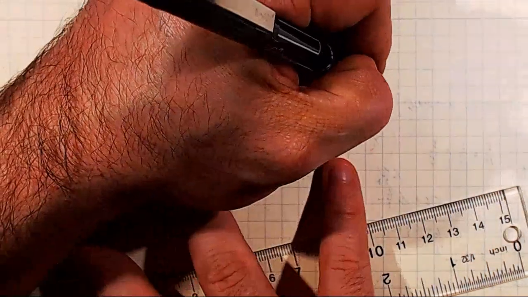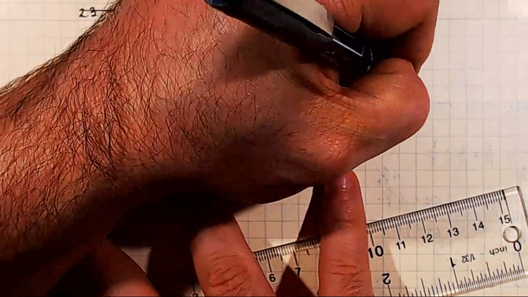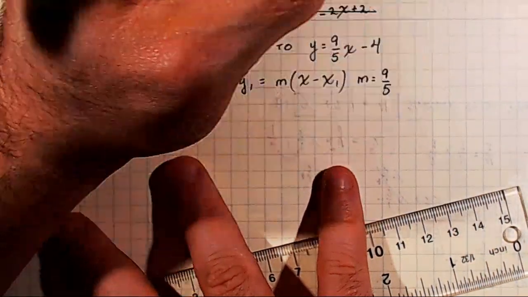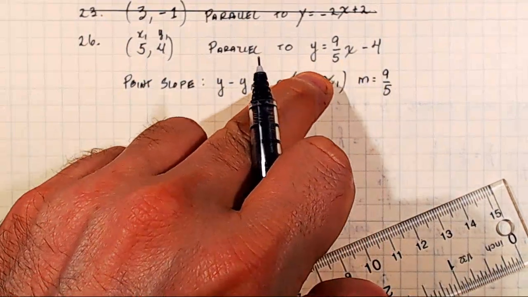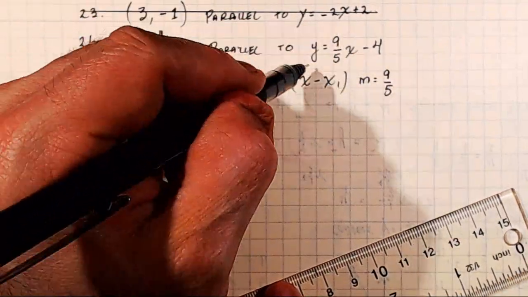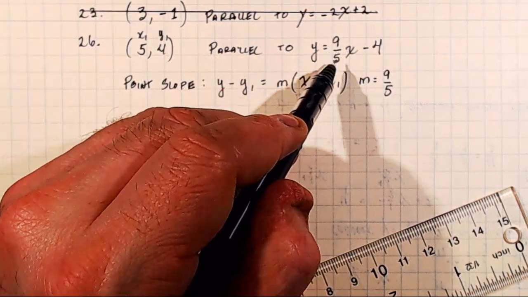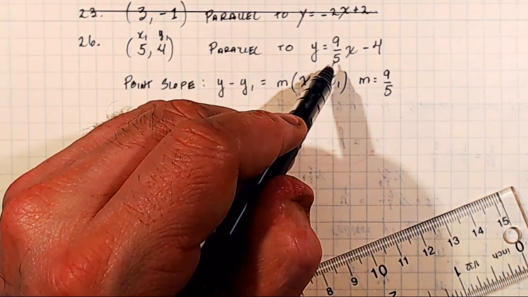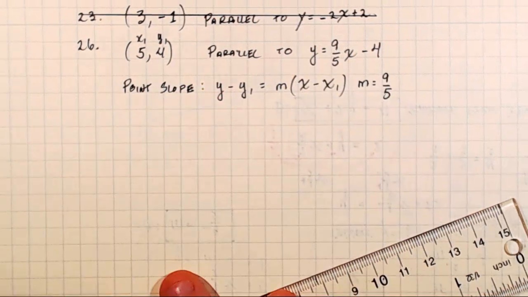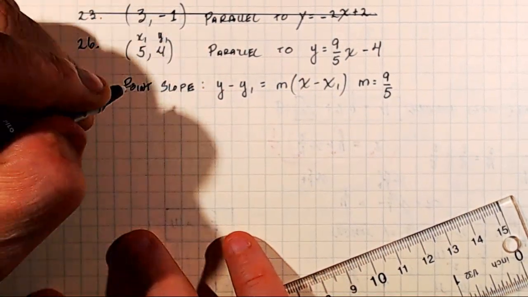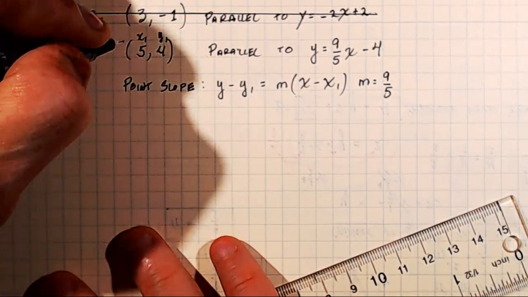Okay, remember we already said m is equal to 9/5. And we got that by looking at our original equation, which was already given to us in slope-intercept form. And bingo, in slope-intercept form, the value sitting in front of the x, that's your slope, 9/5. So m's 9/5. All right, so just plug these values in.